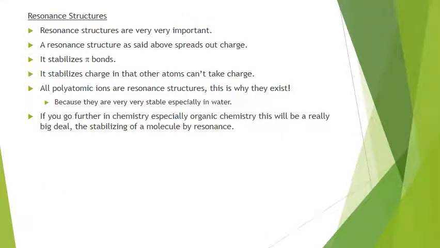Resonance structures are very, very important. A resonance structure, as I said, spreads out the charge. In a sense, it decreases the charge density. It also stabilizes pi bonds. The way it does that basically is by spreading out the electrons that are in the pi bond. It stabilizes charge in that other atoms can't take them.